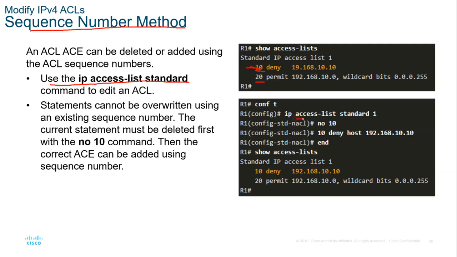With this ip access-list standard, this is the name of the standard access control list. So you delete with no 10, removing the previous one, and then you put it back: 10, deny host this. When you look at this, it has been replaced with this.